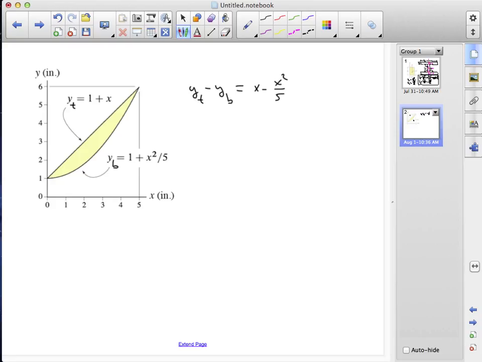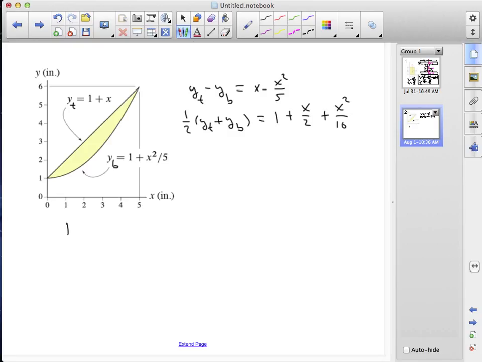And we also have the centroid of the strip, which is 1 plus x over 2 plus x squared over 10.